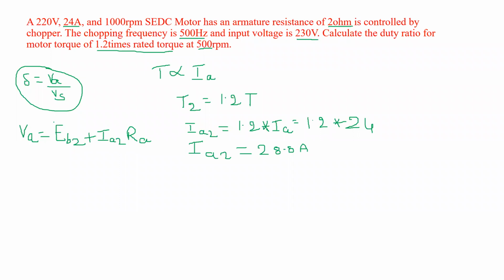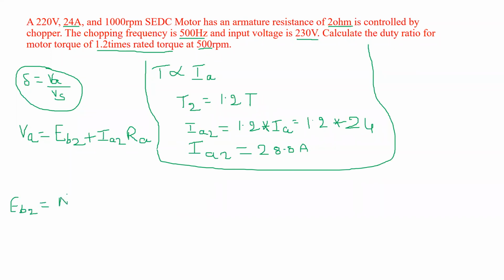But we don't know the value of EB2 here. So how can we find EB2? We know the formula: EB2 is equal to N2 upon N1 into EB1.